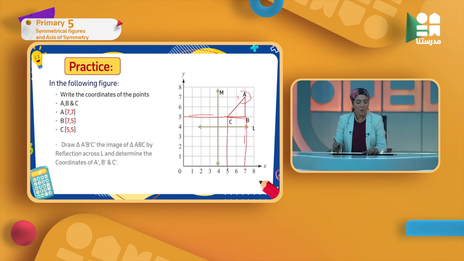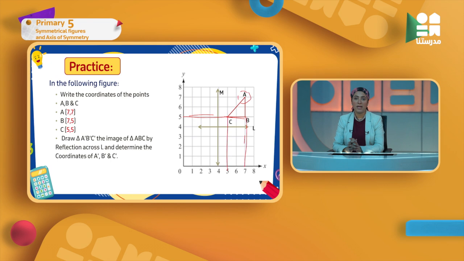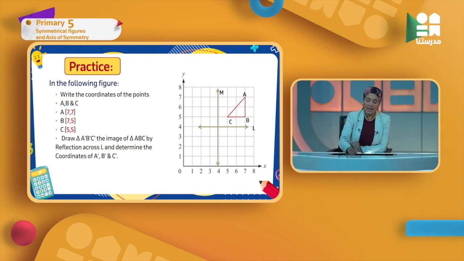Now draw triangle A dash, B dash, C dash, the image of triangle ABC by reflection across L, and determine the coordinates of A dash, B dash, C dash. First I look for the axis they are asking about. It is the L axis.